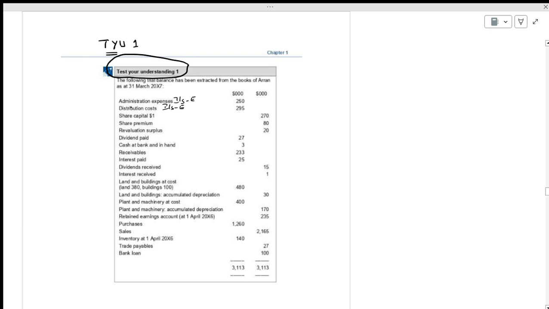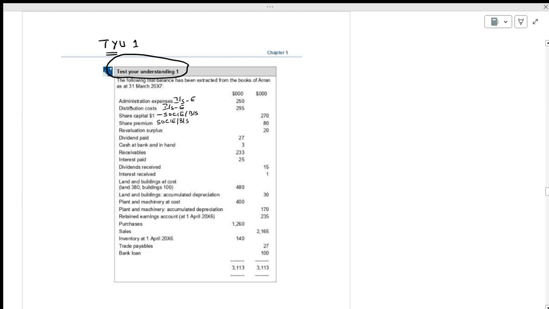Share capital: statement of changes in equity and balance sheet. We show it in both places. Next, share premium is also part of share capital: statement of changes in equity and balance sheet.